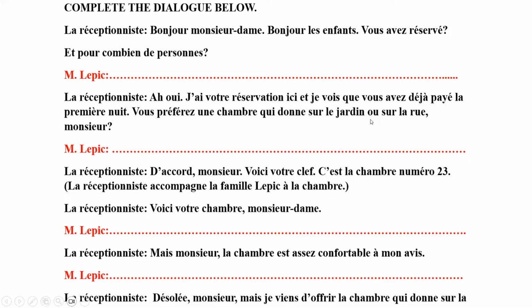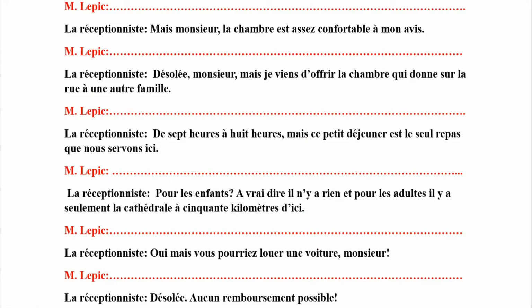And that was the question asked before we were going to give our response here. But when you look down here, she says, sorry, sir, but I just offered the room overlooking the street to another family.